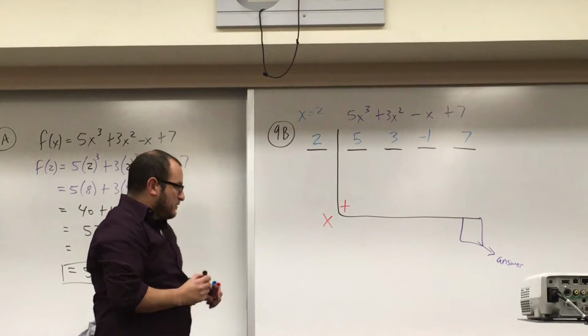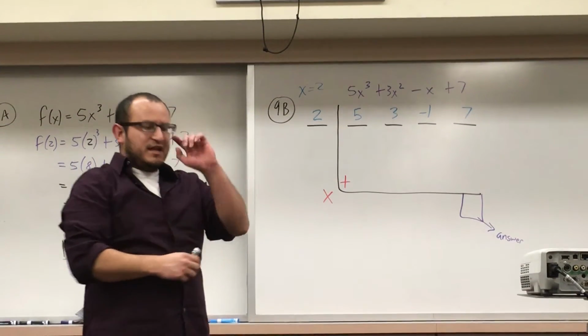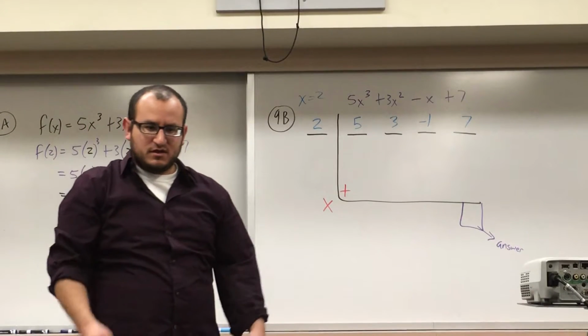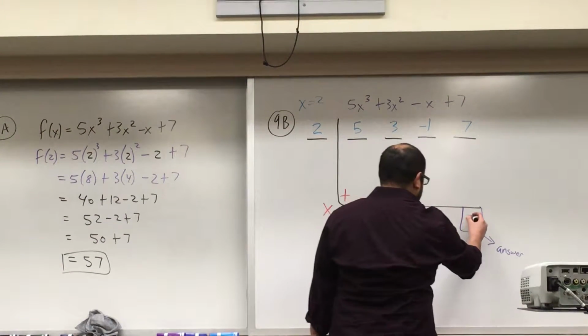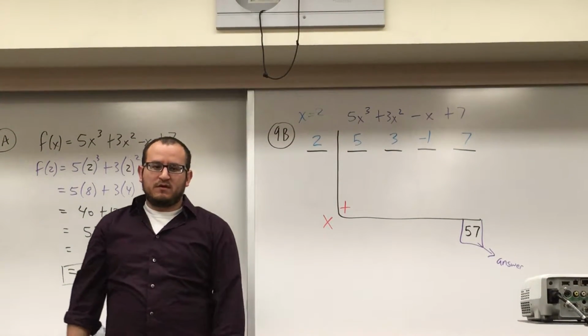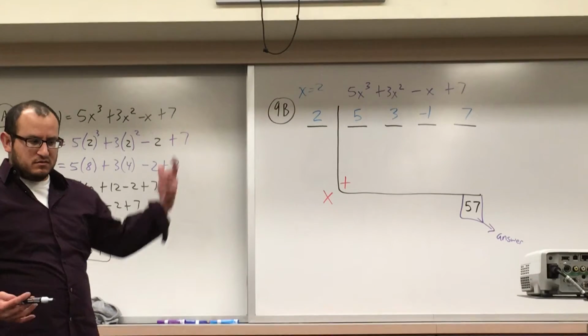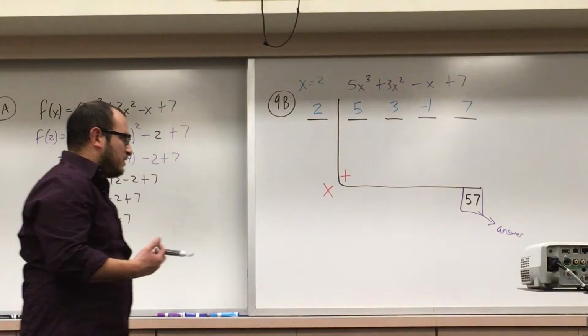So, direct substitution, synthetic substitution, it makes no difference. We should get the same answer. So, I'm going to go ahead and put our answer here, which is 57. It's just a different way of solving or evaluating this polynomial function.